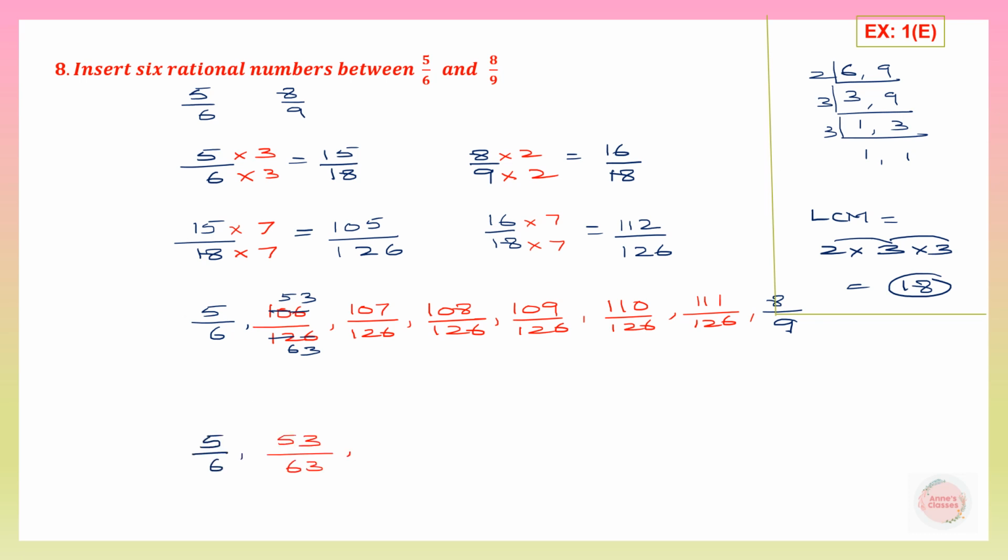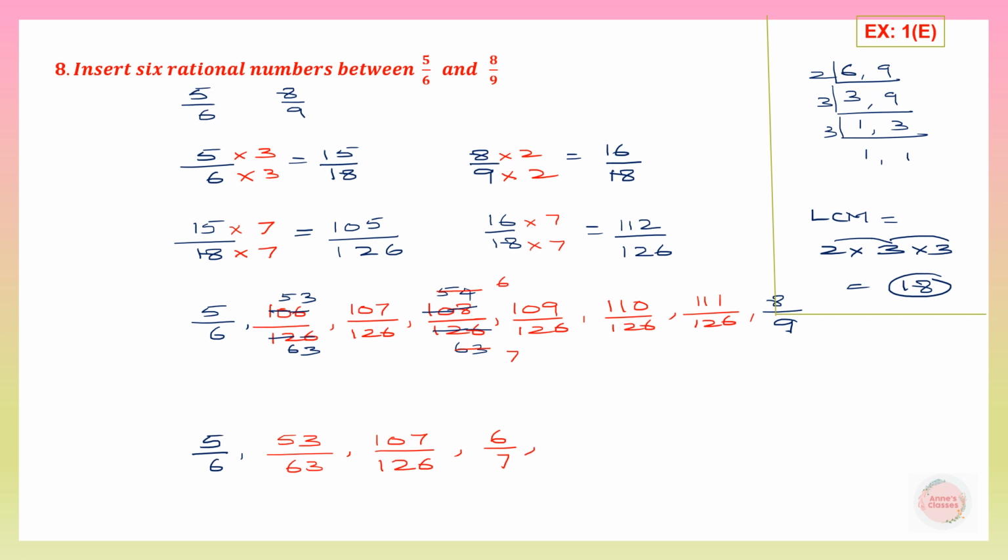Second one, 107 by 126 cannot be reduced, so we write it as it is. Next one, let's divide both by 2 first. 2 5s are 10. 2 4s are 8, 2 6s are 12, 2 3s are 6. Now 54 and 63 are both divisible by 9, isn't it? 9 6s are 54, 9 7s are 63. So here we have 6 by 7.